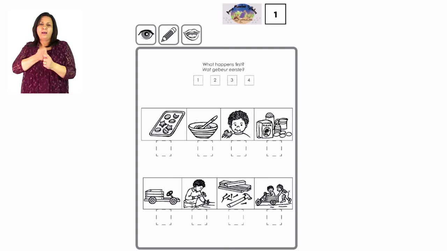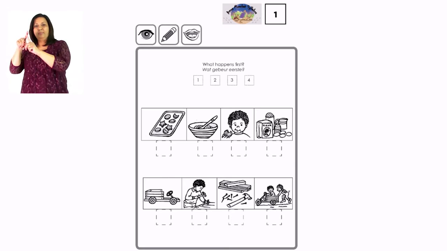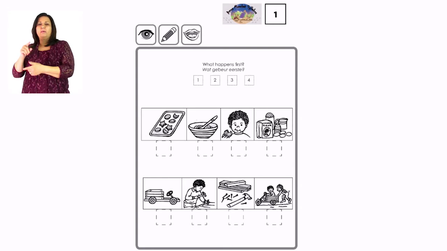So picture number 1 is our third picture in the second row. That's number 1. So we put number 1 right below the picture where we have all the tools and the planks and the nails. Can we write number 1?